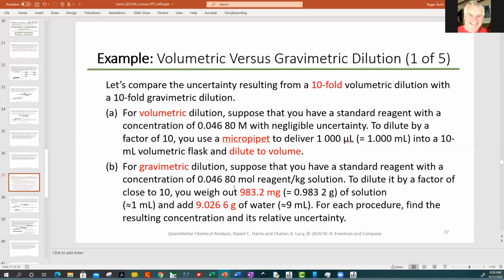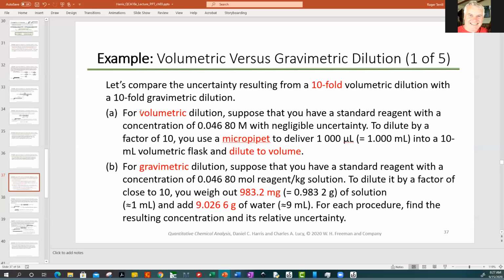But the idea is that for the gravimetric ones, the weights always add up, right? If you add a small amount and a large amount, the two weights always add up to the weight of the sum. It's sort of a stupid thing to say, like put in 1 bean and add 9 beans, you got the weight of 10 beans.